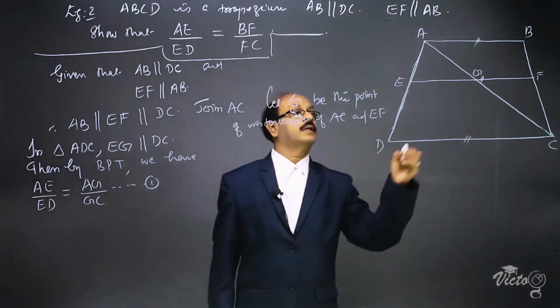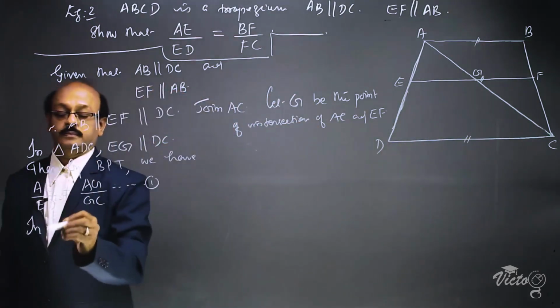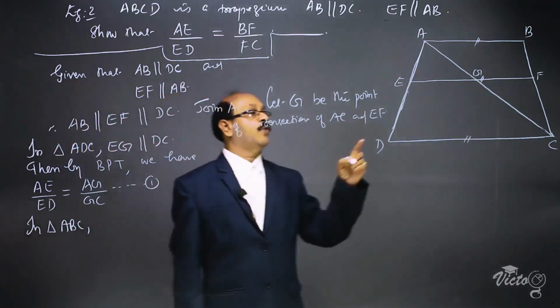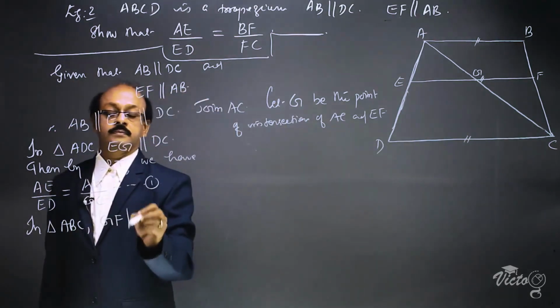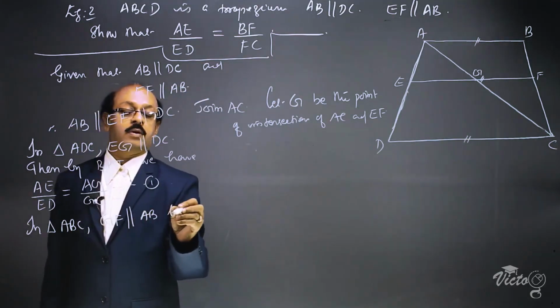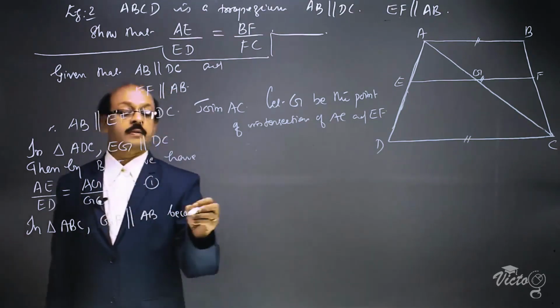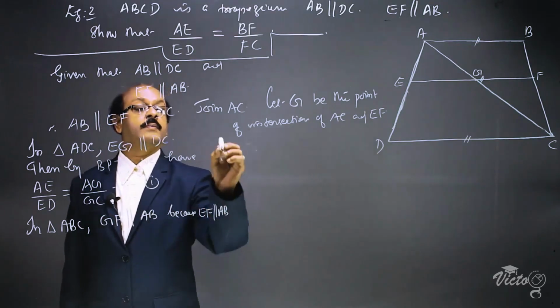Then there is another triangle ABC. In triangle ABC, GF is parallel to AB, because EF is parallel to AB. That is the reason.